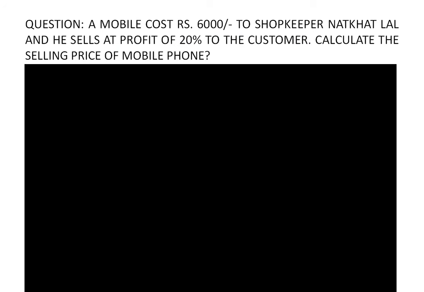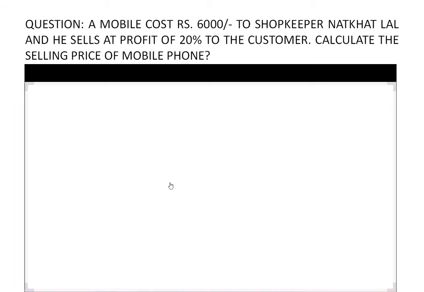So the question is that a mobile costs 6,000 rupees to the shopkeeper Natkat Lal, and he sells it at a profit of 20% to the customer. Calculate the selling price of the mobile phone.